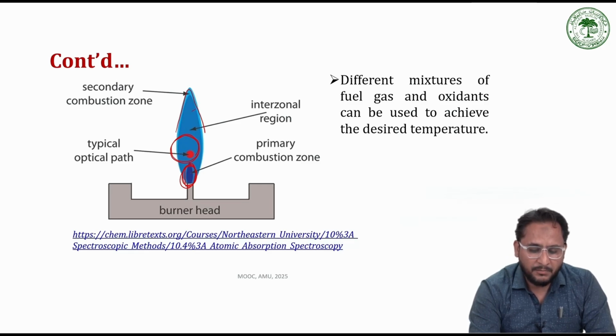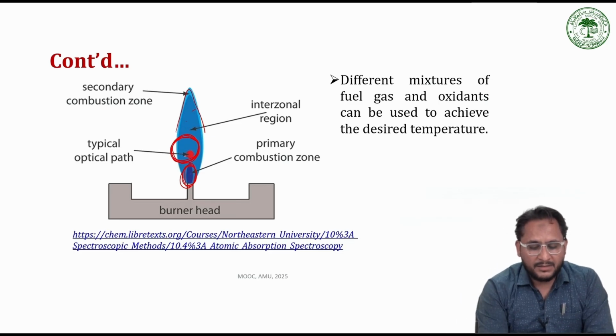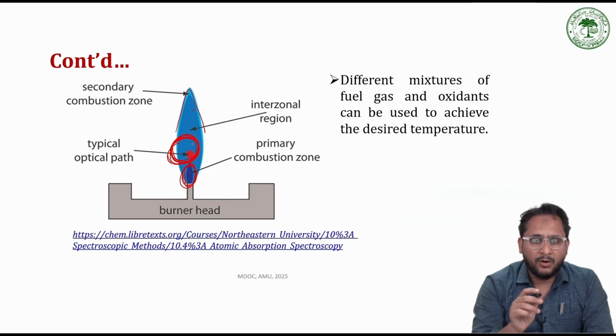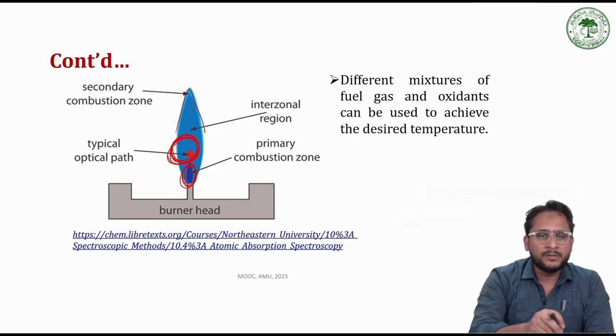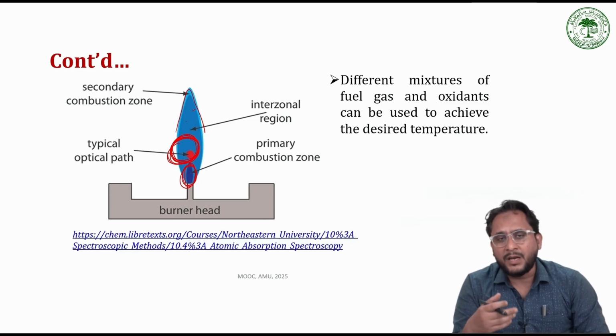The hottest section is this internal zone, which is present between the secondary as well as the primary combustion zones. So we burn our sample in this particular region, so that a high amount of energy is available, and all the sample molecules are immediately converted into vaporized individual atoms in the ground state, not in the excited state.